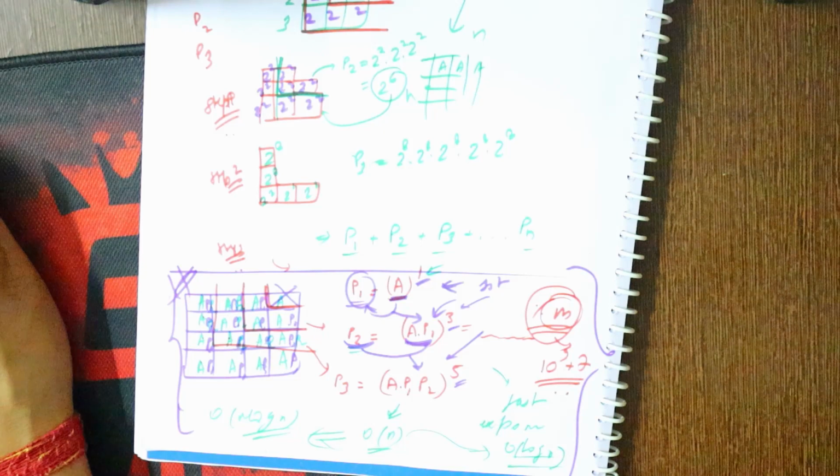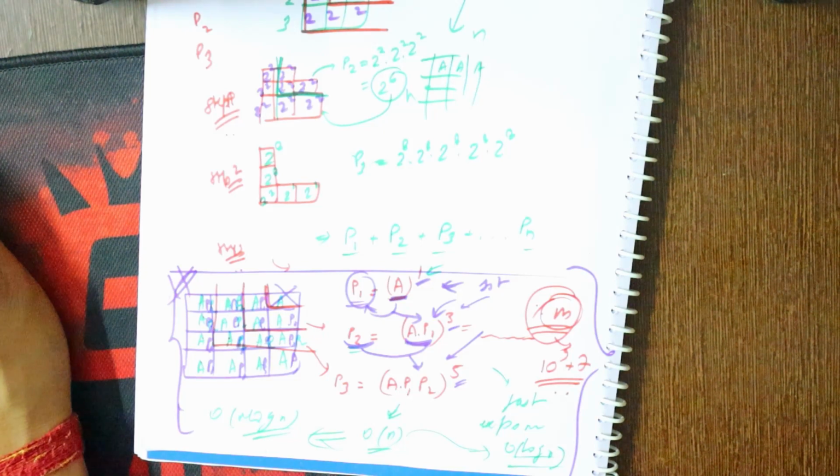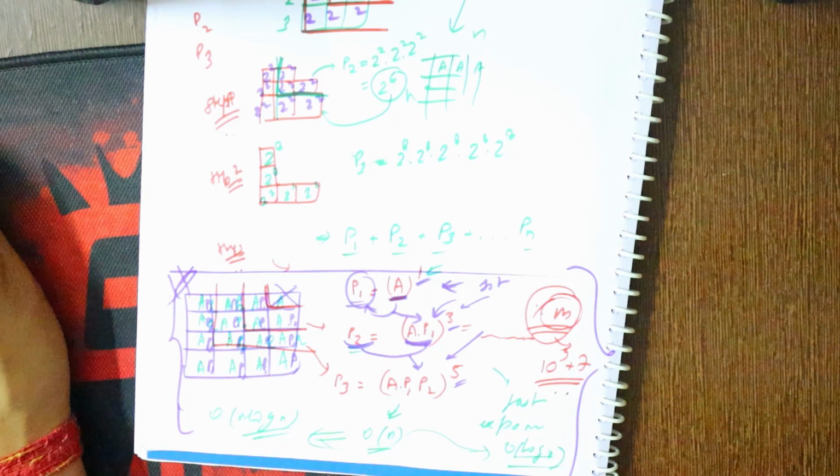And yeah, as the result may be large, so we have to print mod m. Understanding? And we are having the m, which is 10 raised to power 9 plus 7. So we will be having this.